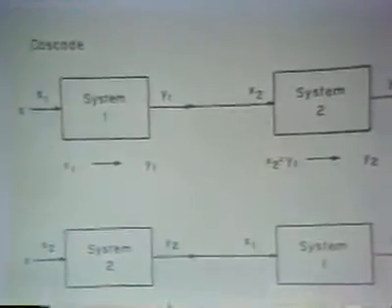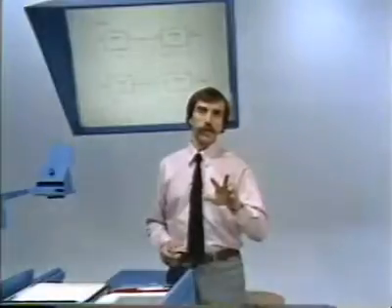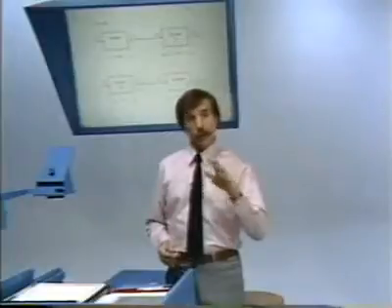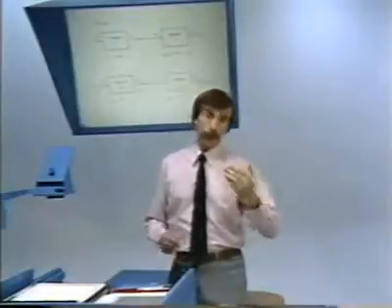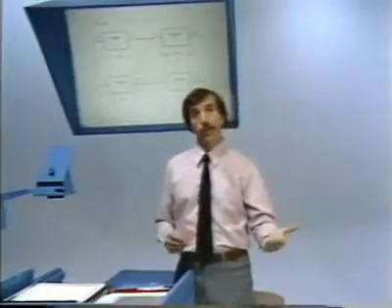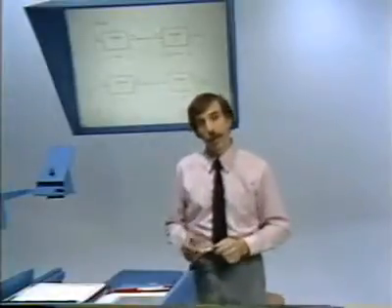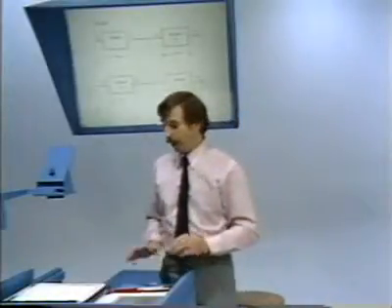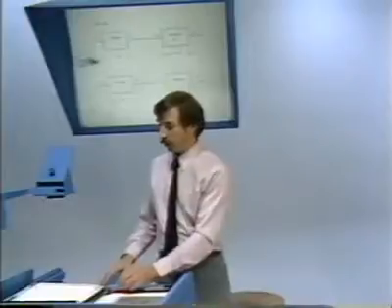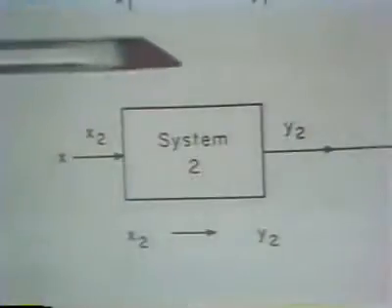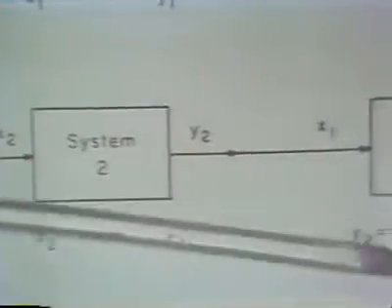Now, we could, of course, take those two systems and cascade them in the reverse order, namely take the output of system 2 and put it into the input of system 1. And I've indicated that here. We have system 2 first in the cascade, followed by system 1.